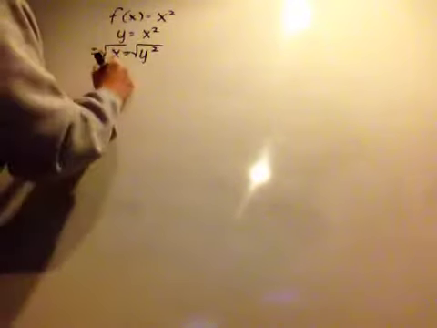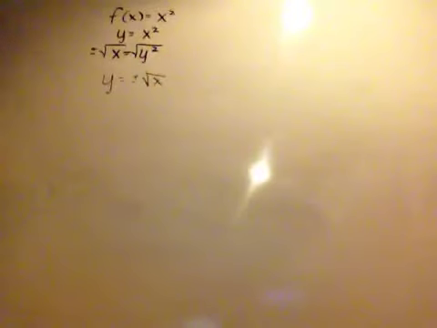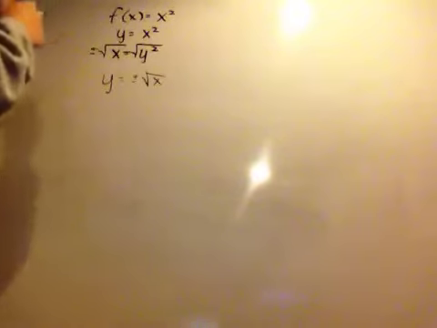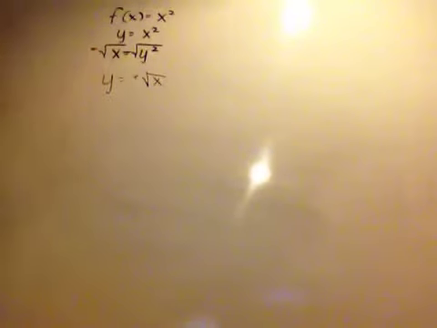So what that means is that when I put a value into my domain here, I'm going to get out two values in my range. So we know that that's not a function. So what we have to do on those is restrict the domain. So if we say we only want the positive values, it's a positive square root of x, and now our inverse is a function, because now for each input I only get one output.